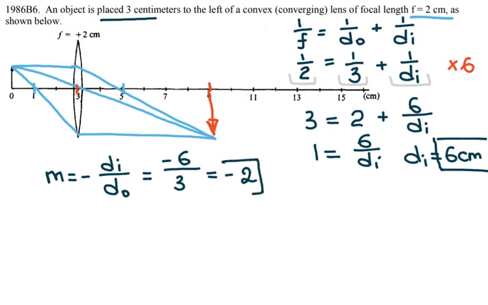So the size of the image is twice the size of the object, and the negative sign stands for the inverted image. You have to pay attention to the negative, so that means it's inverted, and it fits our drawing.